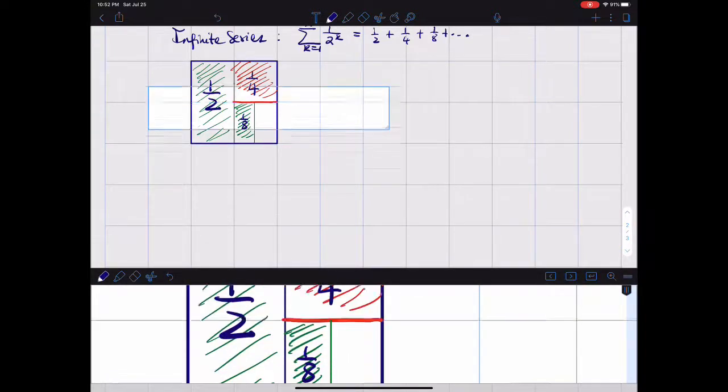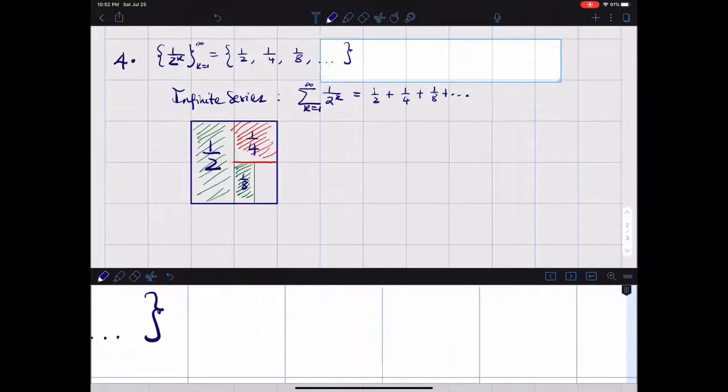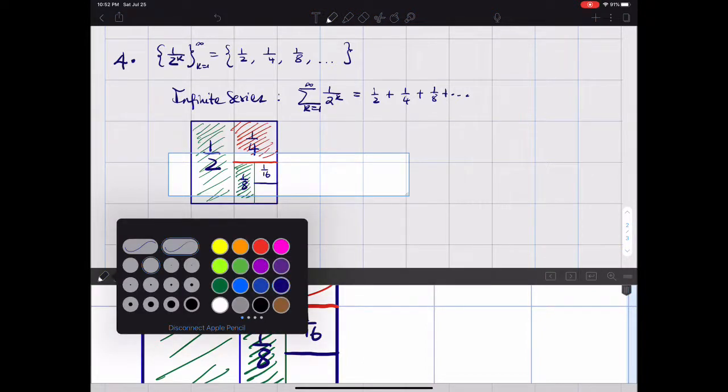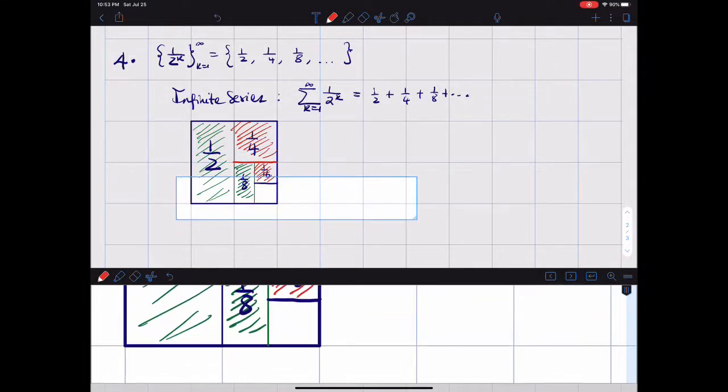You see what I'm doing? 1/2 plus 1/4 plus 1/8. So that's what we have here. So let's just keep going. The next will be 1/16. So let's add 1/16. All right. I'm going to shade it red. The next will be 1/32. All right. And then the next will be 1/64.